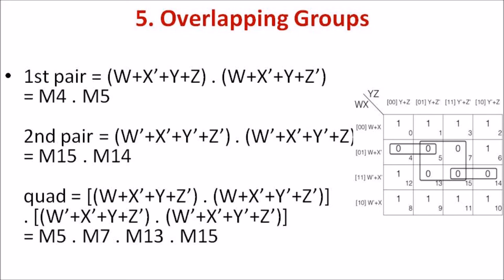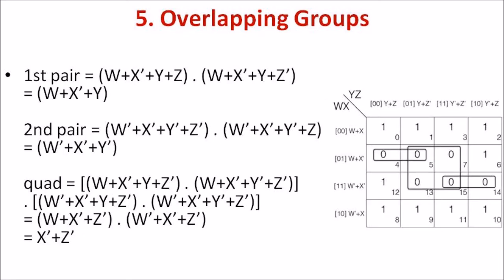So here we can also see a quad with M5, M7, M13 and M15. Now if we look at M5 and M15, they are overlapping. The overlapping groups help in getting simple expressions after reduction.